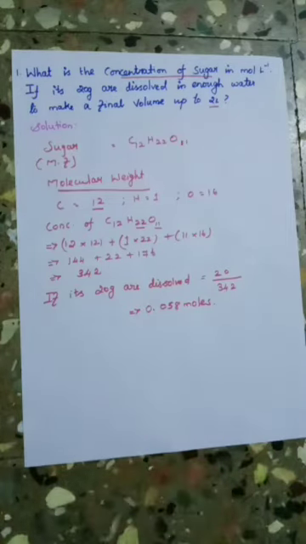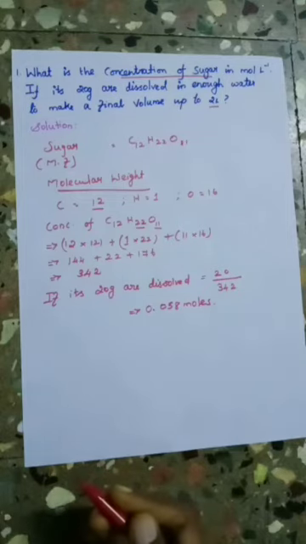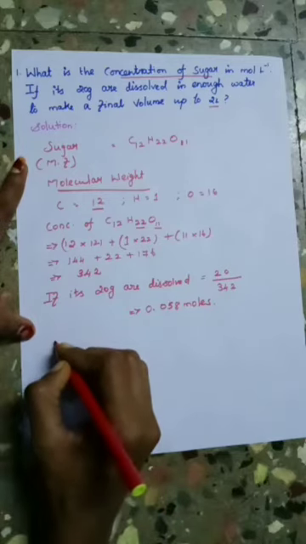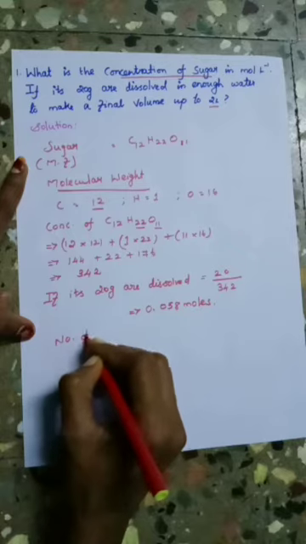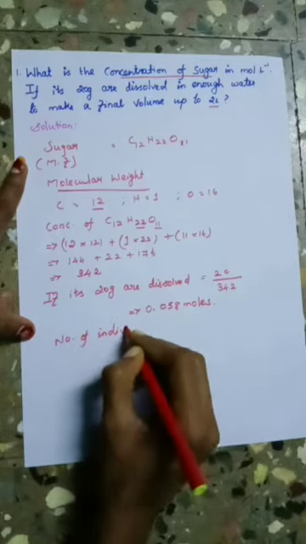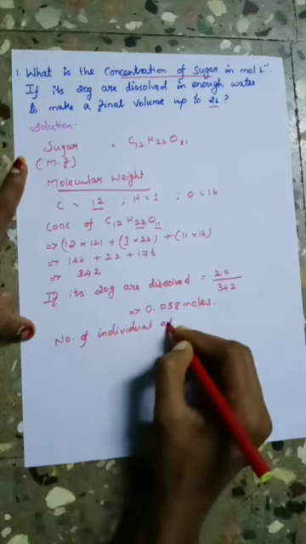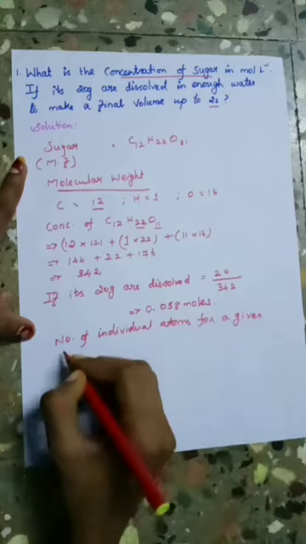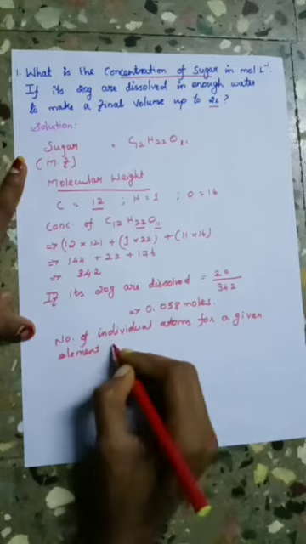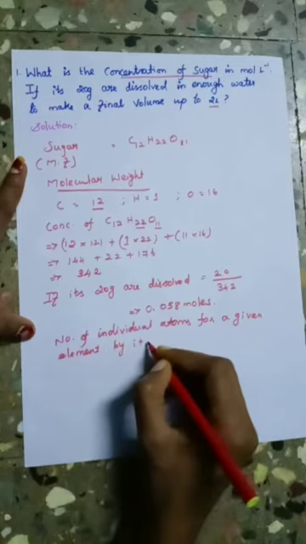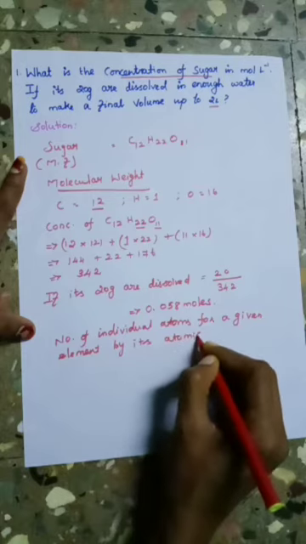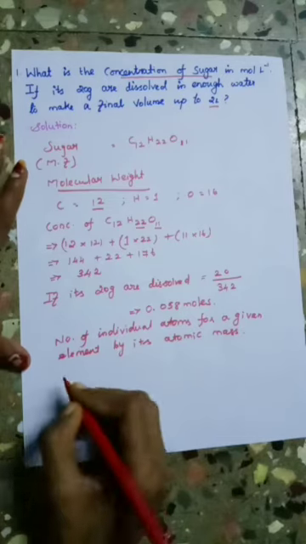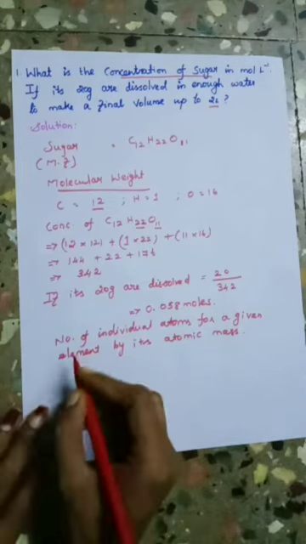To do this, multiply the number of individual atoms for a given element by its atomic mass. Okay, we have to multiply this value.